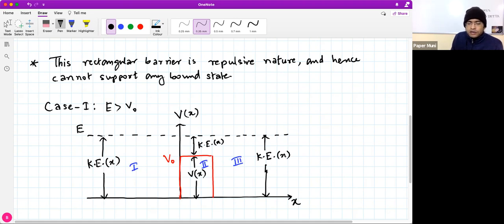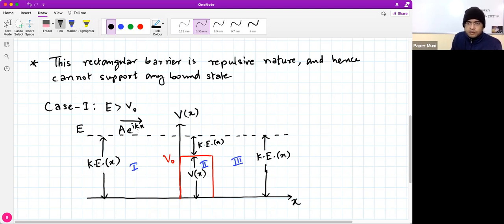And what can we say about the, let's just directly write it here. Okay, we don't need to solve it now. In this region, region 1, there will be an incident wave, and we are just writing the space part. When we talk about incident wave moving forward or backward, we have the time part also, but we already know that all of them have the same time part.